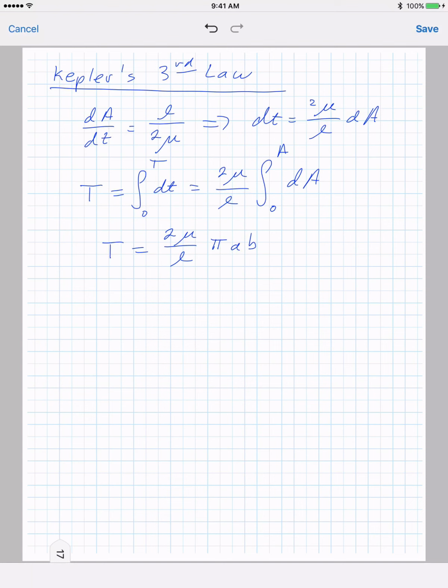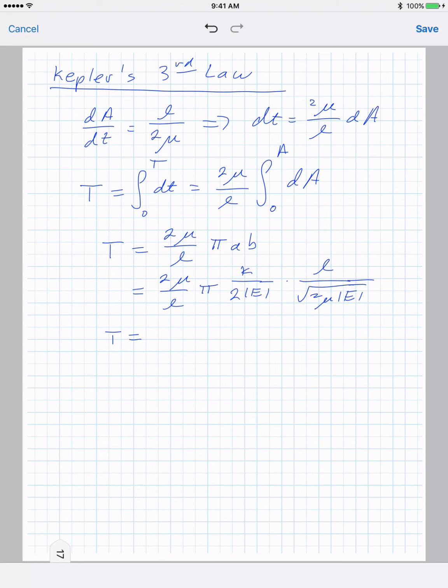Okay, so that's great. We actually have an expression for the period as a function of the product of the semi-major and semi-minor axis. Let's go ahead and plug in our expressions that we had on the last page. So that's going to be 2 mu over L, pi. Alpha was k over twice the energy, and then B was L divided by square root of 2 mu and then the absolute value of the energy. All right, so I can combine some terms there.